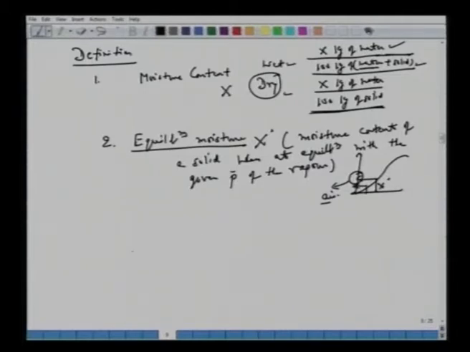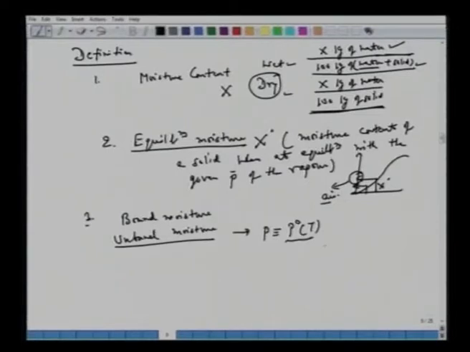We talked of bound moisture, and we talked of unbound moisture. So maybe that's number 3. For unbound moisture, the partial pressure of vapor at the solid surface is the same as P0 at T, the vapor pressure of pure water.